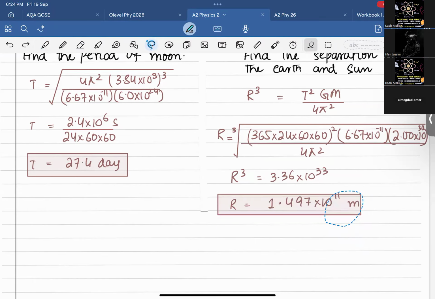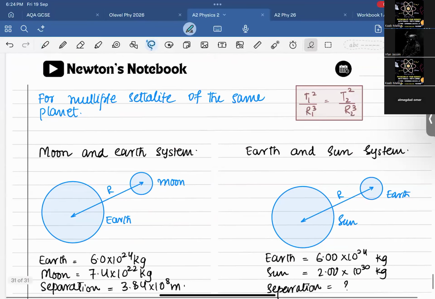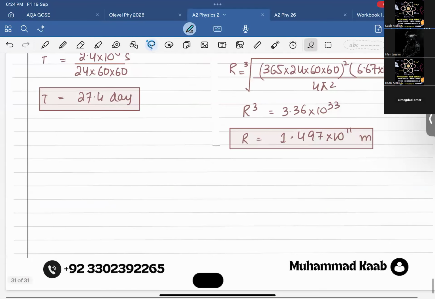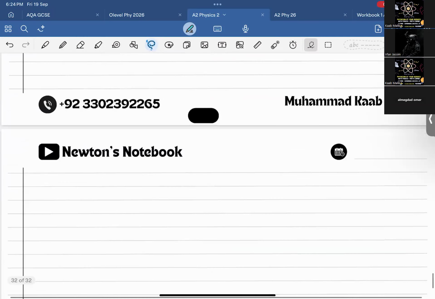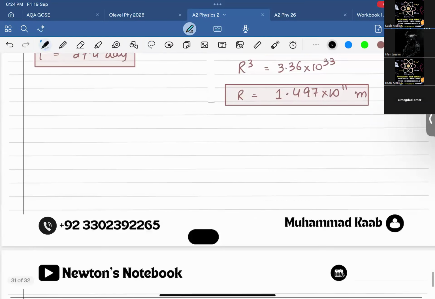Perfect. So these are two systems. Now you can consider one more system, which is the geostationary satellite. Let's talk about it first. They ask you a lot about it.